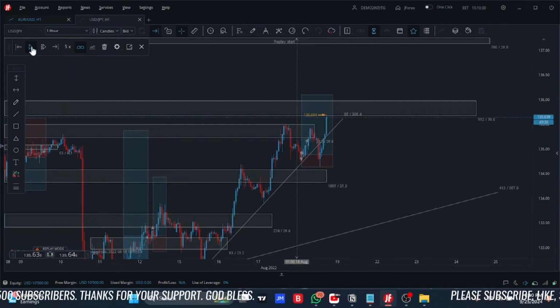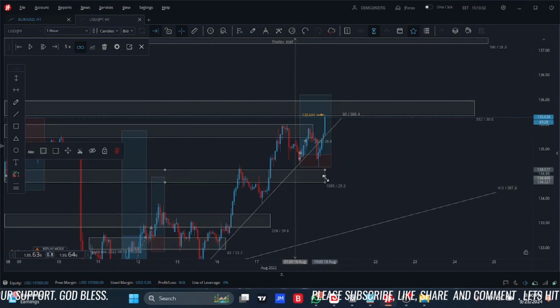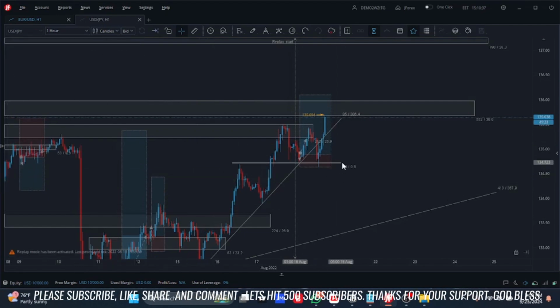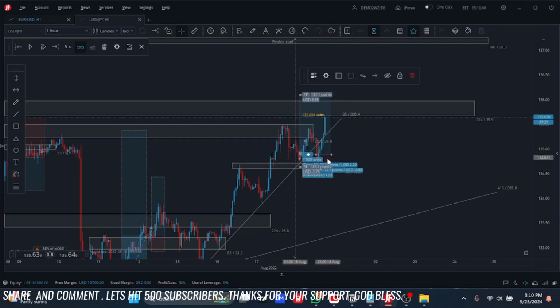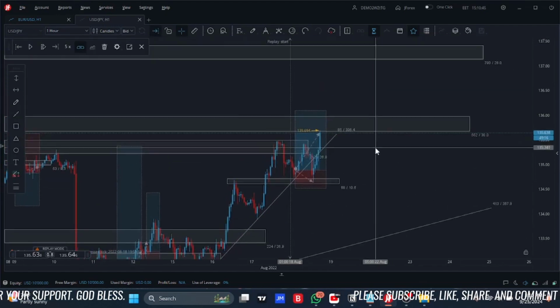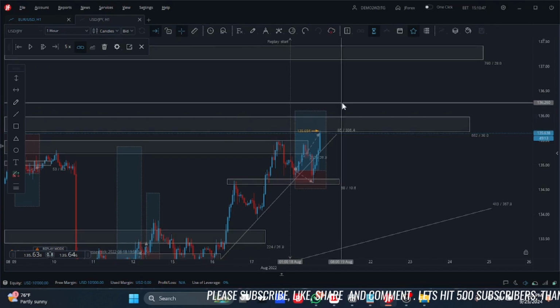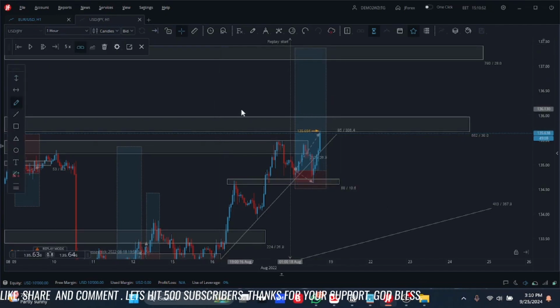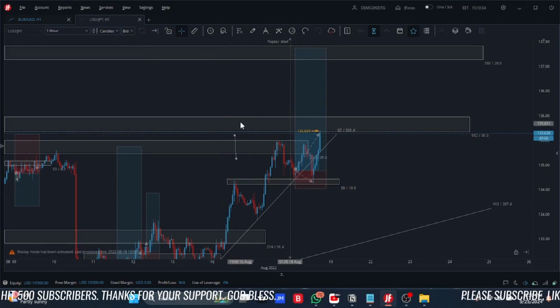I've been struggling with risk management recently, but I found what was making me lose money was risk management, and I dealt with it. Now I cannot blow an account. It's not easy to blow an account.